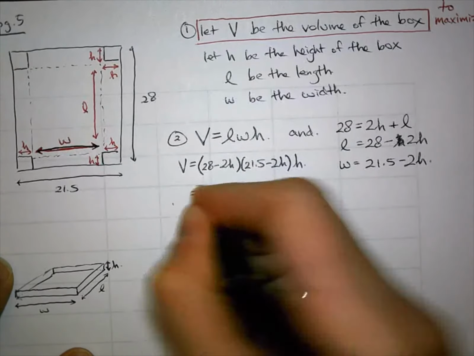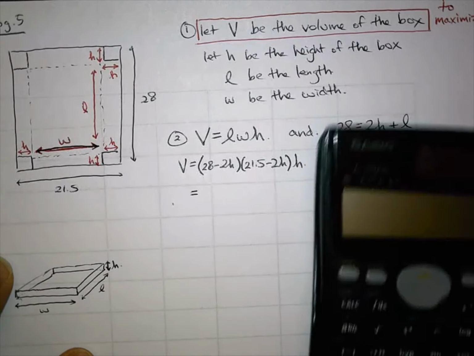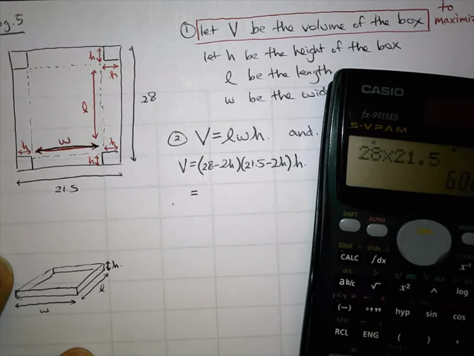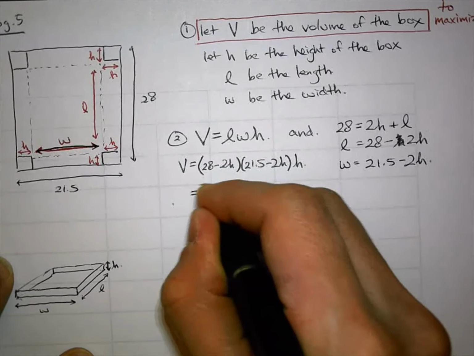Because I used real world numbers, you're going to have to use a calculator because it's a little awkward here. So I have 28 times 21.5. That gives me 602.